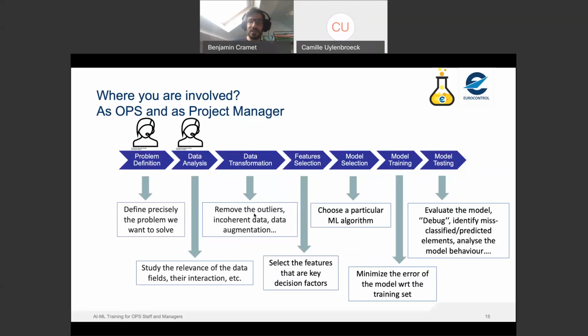Data analysis: this is where ops people need to transfer the knowledge on what the data is, what a takeoff time is, what a yo-yo flight is, what a route is, what it is made of, what are the basic data that makes a flight, etc. This is where you transfer the knowledge to engineers, to data scientists.